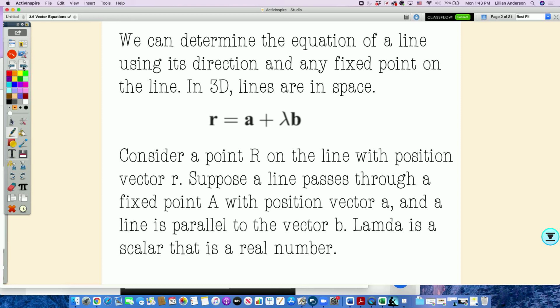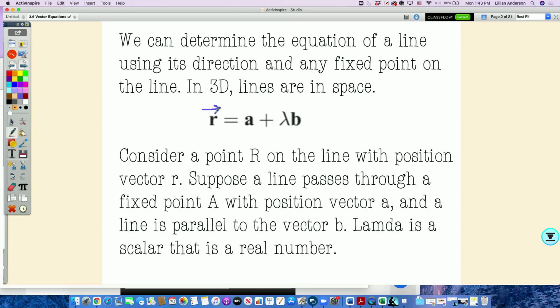In 3D, your lines are now in space. So this equation here that you see is bolded r equals bolded a plus lambda bolded b, so these are vectors. When you have to write a vector, like you would on a quiz or a test, or the IB exam, you want to make sure that you include the arrow notation over your vectors.